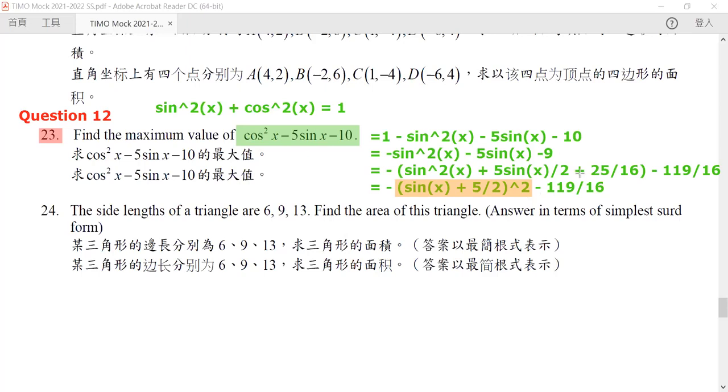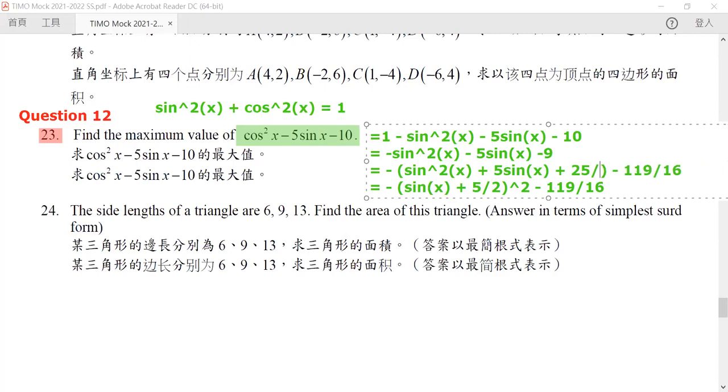Yes, in line 3. So is there any question in here? Because we need to pick out 25 over 16 from our 9 and get it into our bracket. So because it used to be 9, it is 5 sine x. Yes, it's 5 sine x.